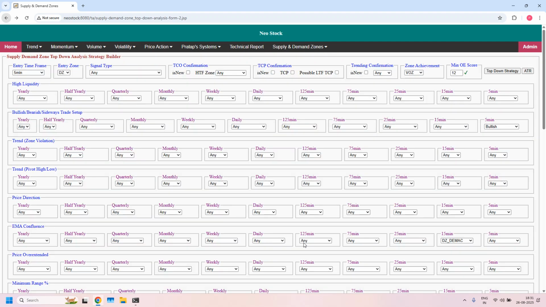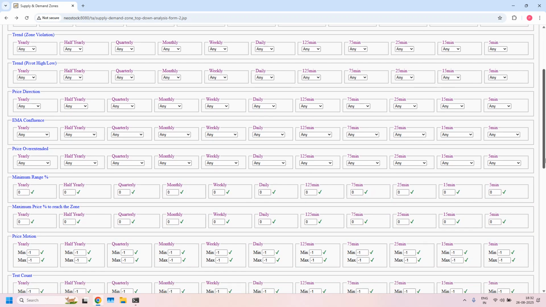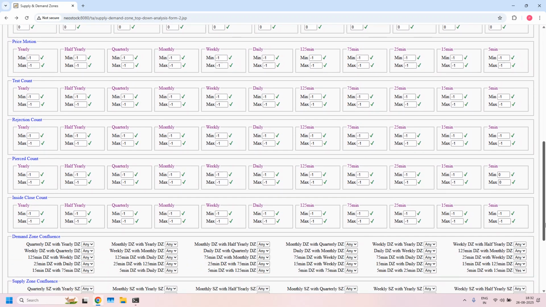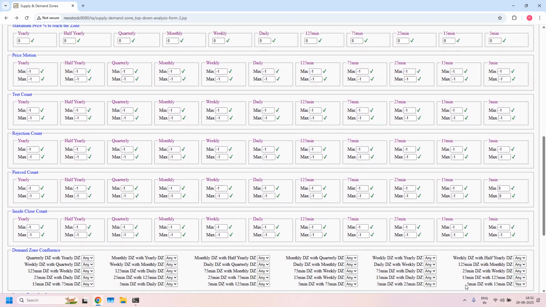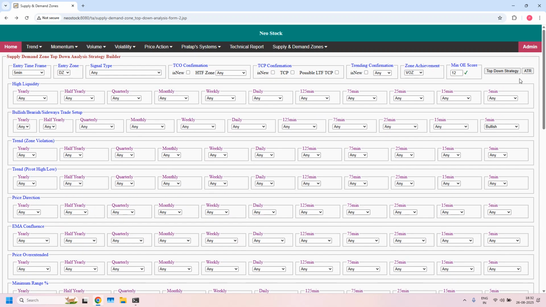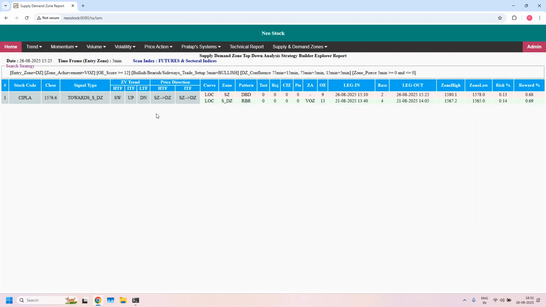So next I will verify by removing the EMA filter and verifying all 3 time frames zone confluence: 5 minutes, 15 minutes and 75 minutes. So 3 filters we have to set. With all the 3 filters, it is again filtered.